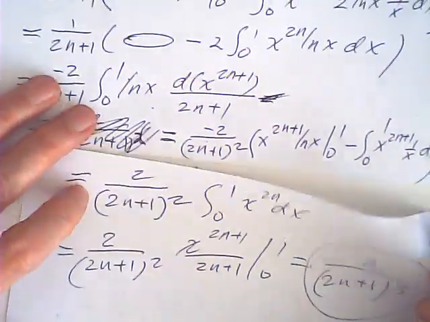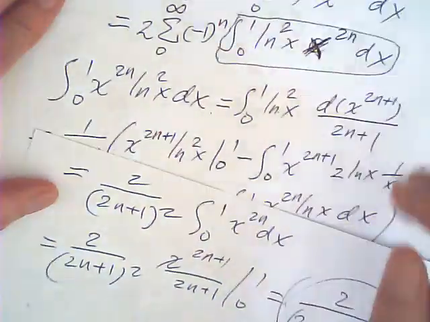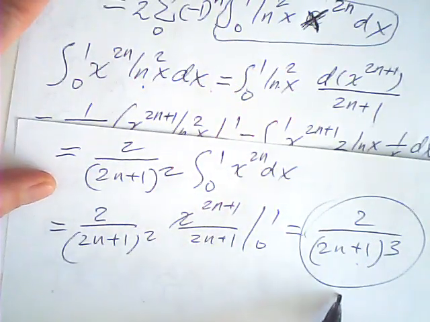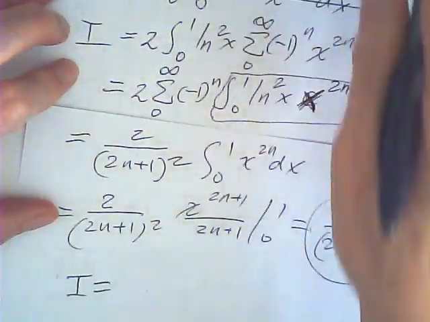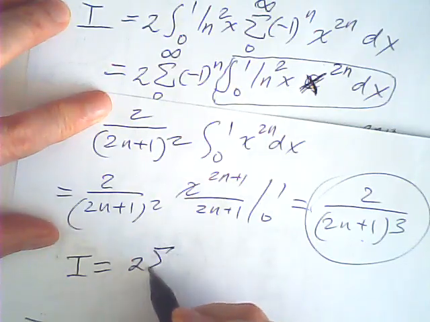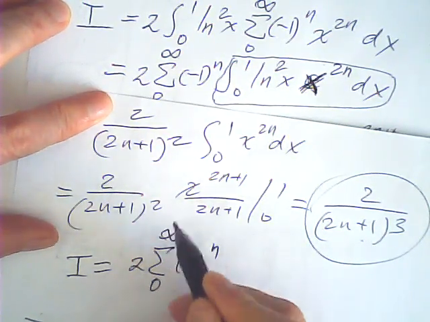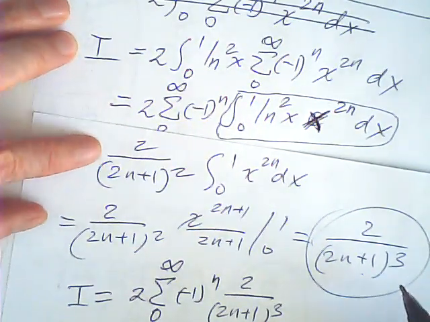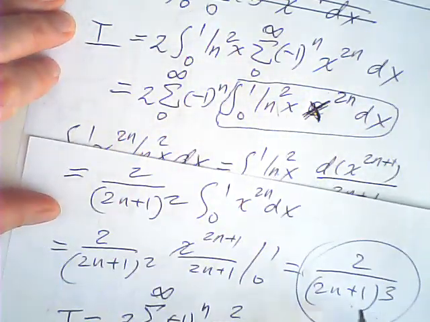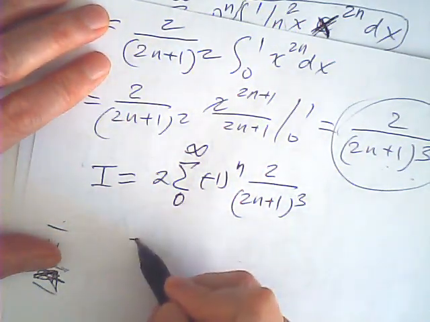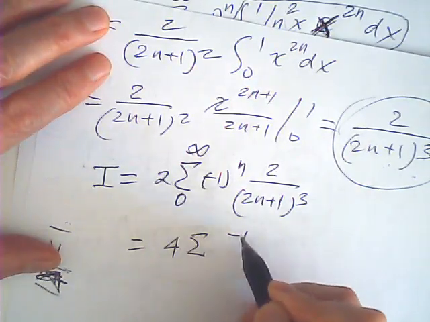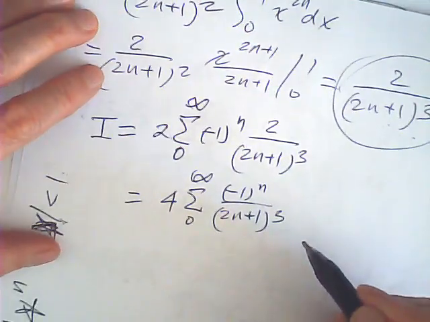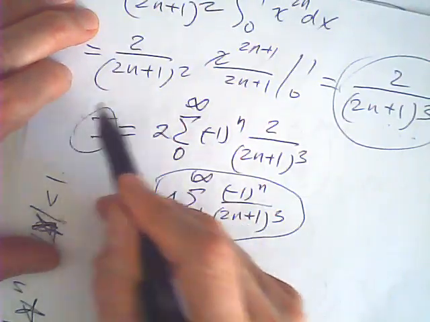So for my I, it is 2 times 2 over 2n plus 1 cubed, and this is equal to 4 times sigma of negative 1 to the n over 2n plus 1 cubed. So that is my target integral.